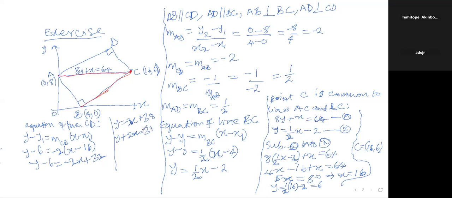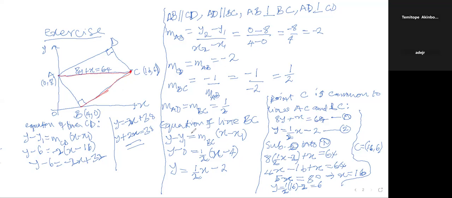So you will now solve that simultaneously with the equation of line AC given to you. So write that and finish it up by solving this equation that we have just obtained with this equation of line AC given. So you solve that simultaneously for x and y.